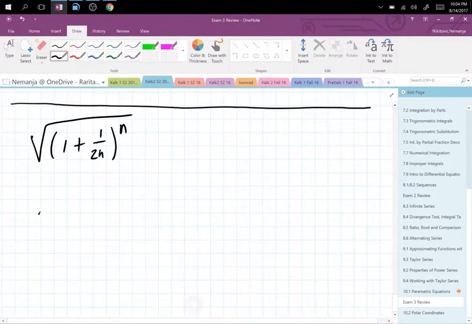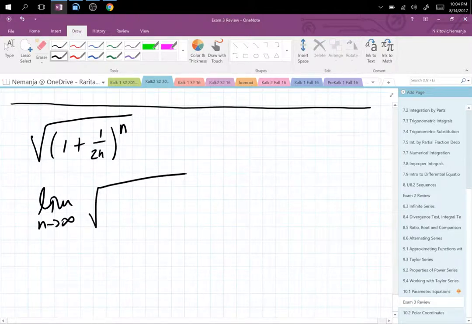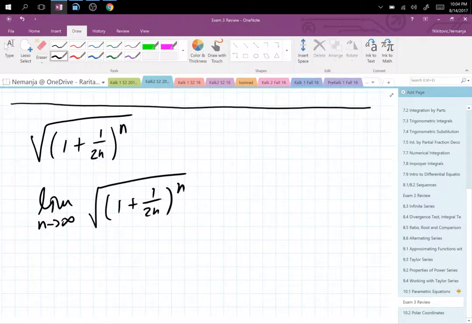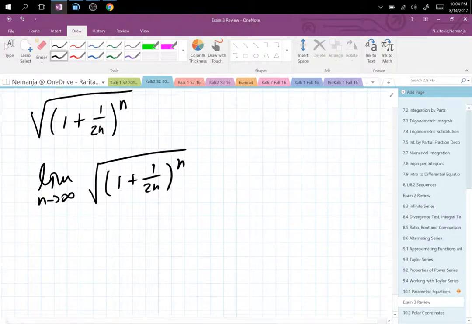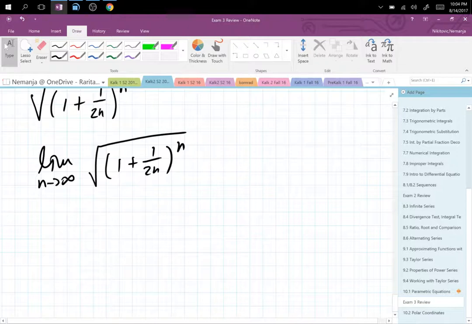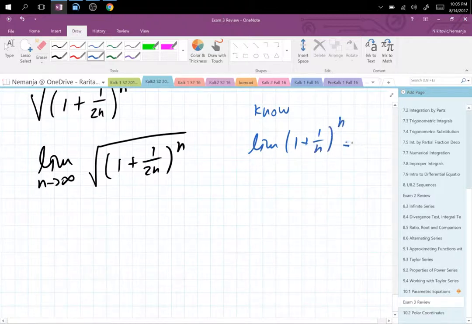So we are supposed to take the limit as n goes to infinity of the square root of 1 plus 1 over 2n, to the n. Okay, so this is a little bit tricky, but doable. First of all, observe the form. What do we know? We know that the limit of 1 plus 1 over n to the n is e.